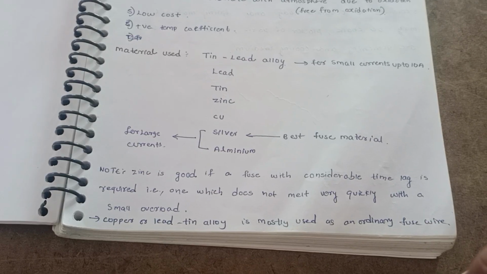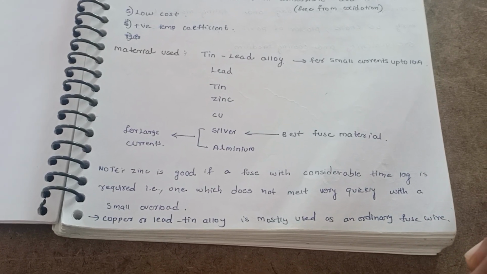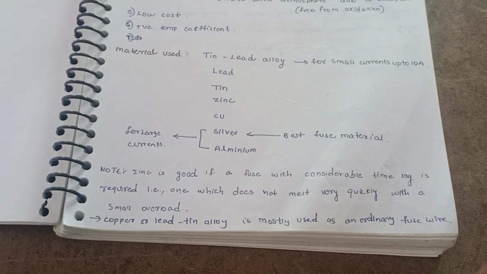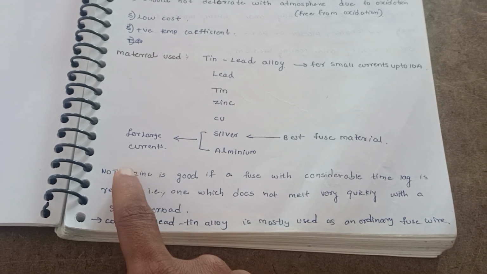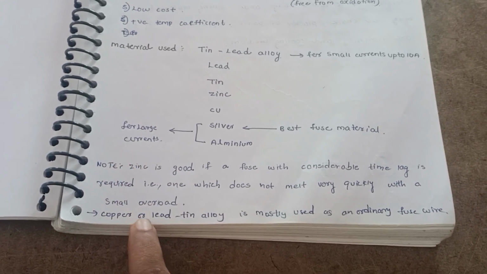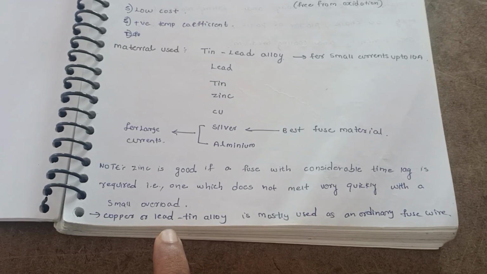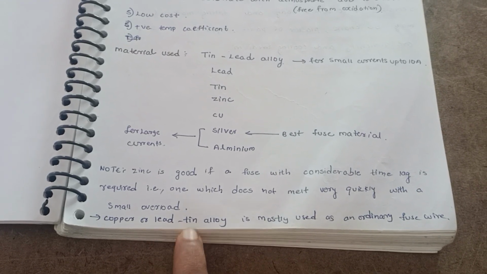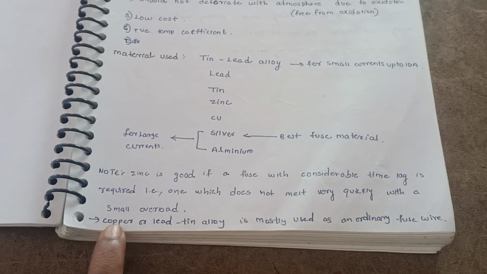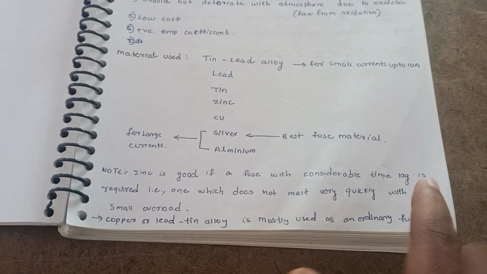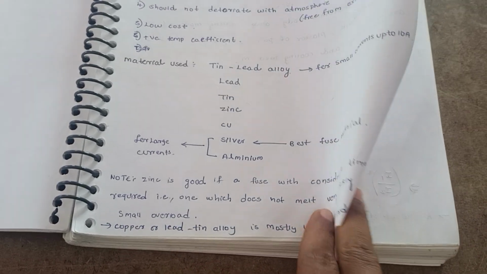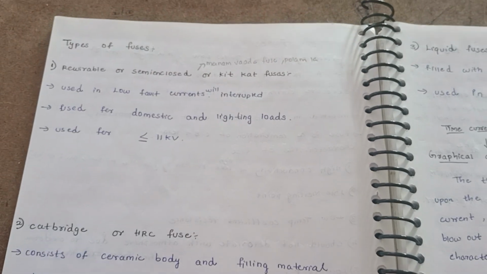Zinc is a good fuse material because it does not melt quickly with small overload, so zinc is very preferable. Copper or lead tin alloy is mostly used in the ordinary fuse.